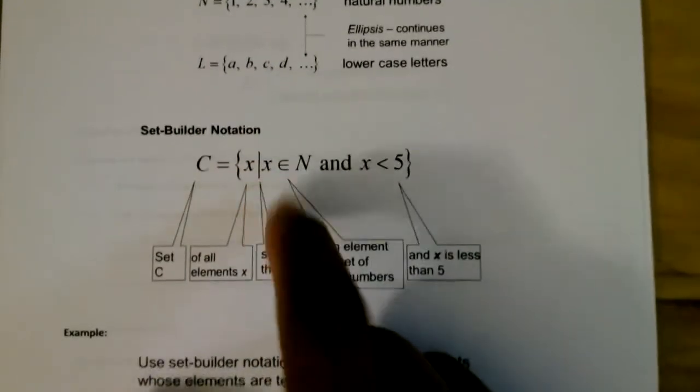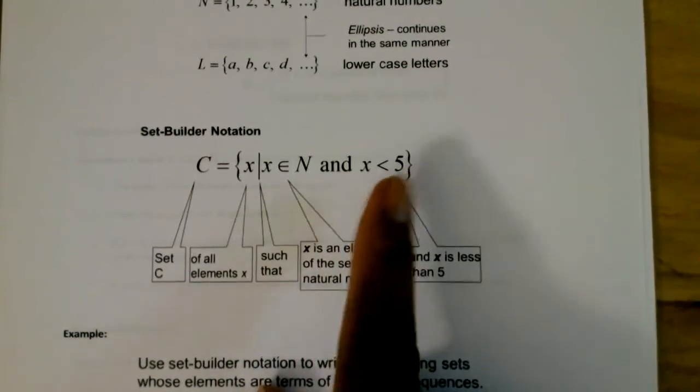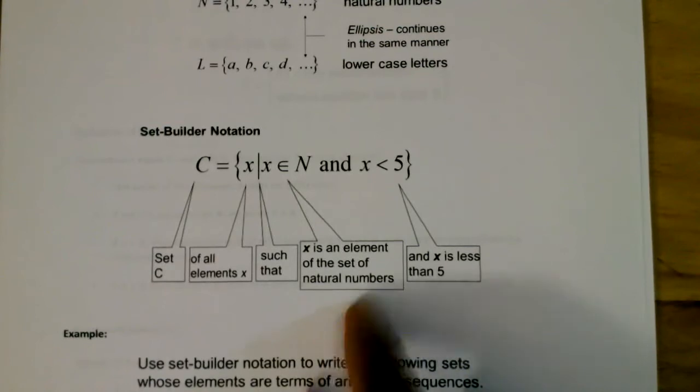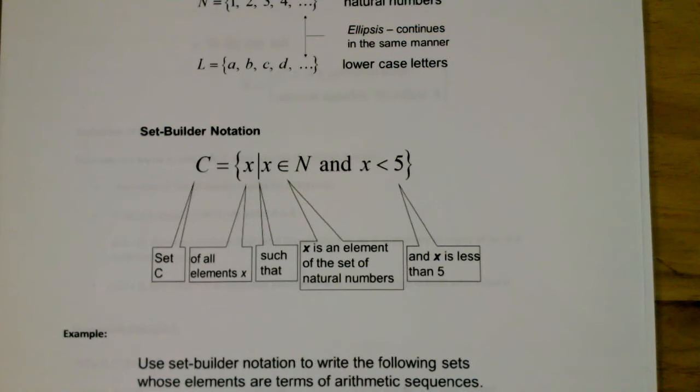This vertical bar is read such that, and then we read this off. x is an element of the set of natural numbers, and x is less than 5. Okay, that's the way we read something that's written in set builder notation.